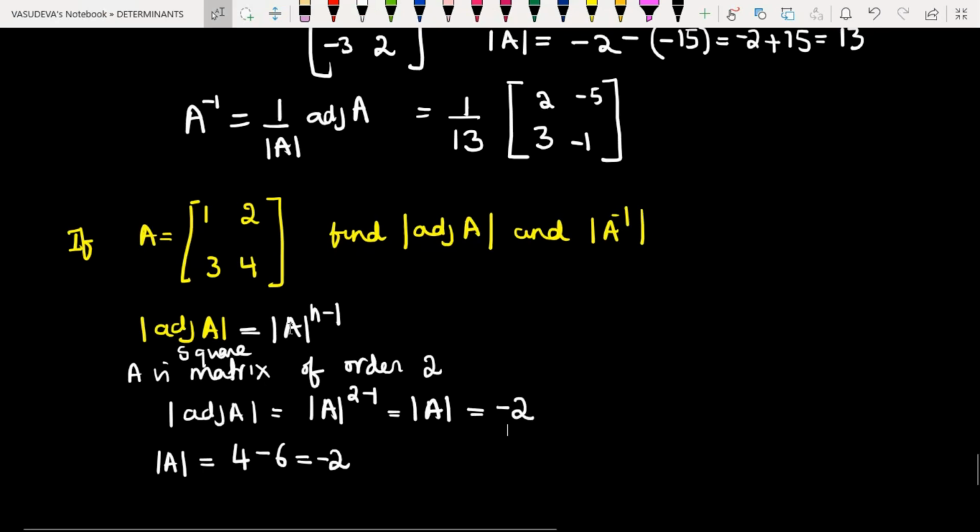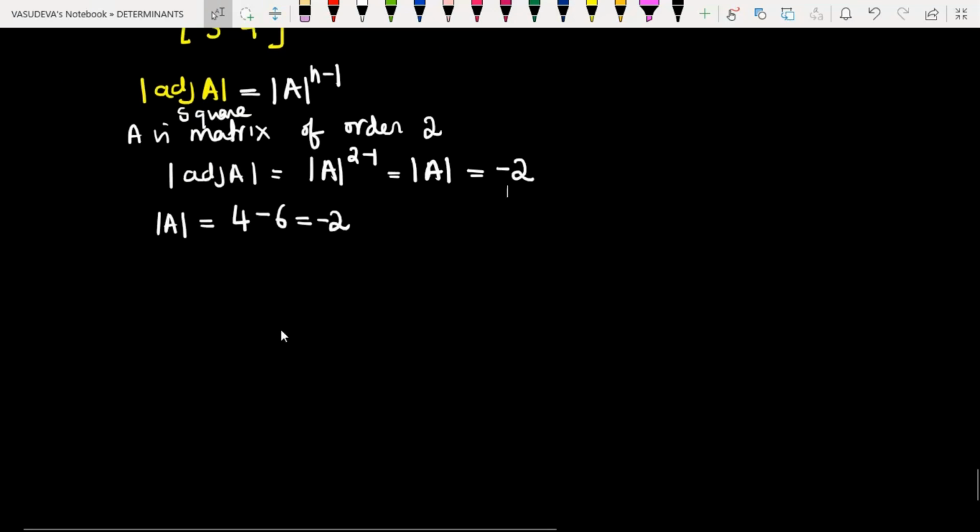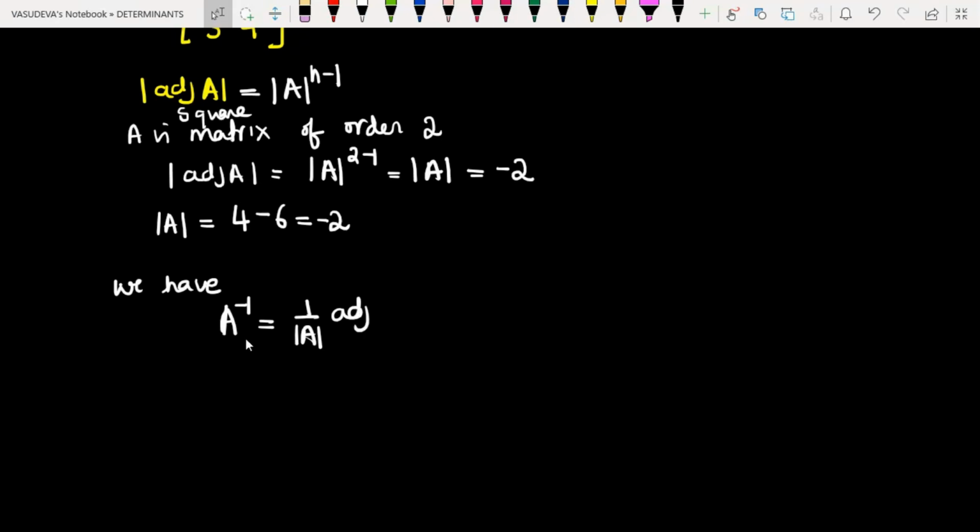Now we need to find the determinant of A inverse. For this, we have the result: A inverse is equal to 1 by determinant of A into adjoint of A. Observe that it is given that A is a square matrix of order 2.